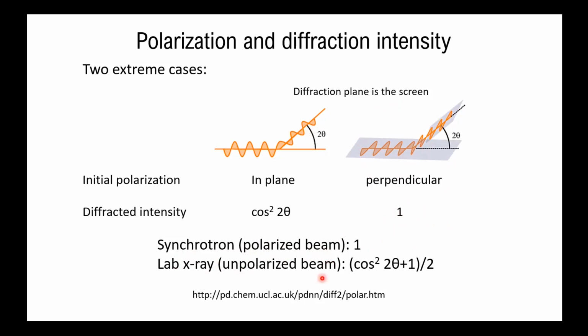For the lab X-ray, because it's not polarized, it's actually a hybrid of these two variants. So it has some intensity falling into this category. It also has some directions that fall into this category. So the final result is simply the combination of them, or the average of these two extreme cases, and that's the intensity reduction in the specific case of a lab X-ray.